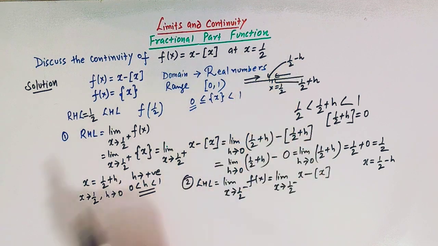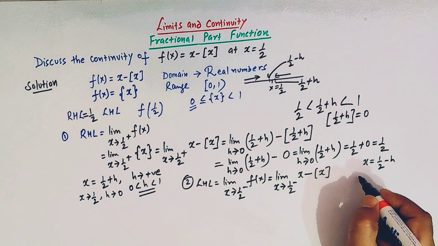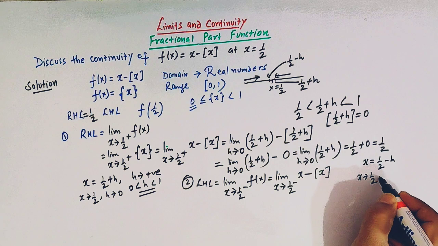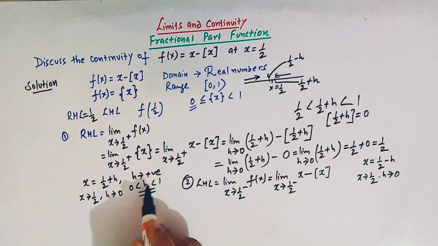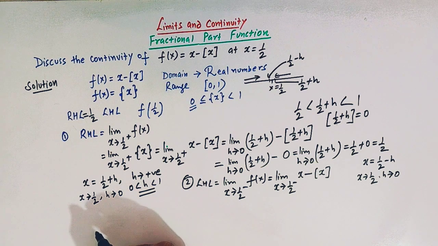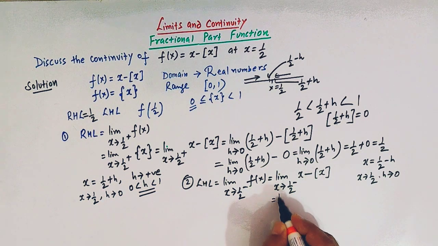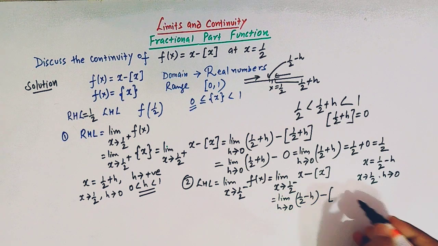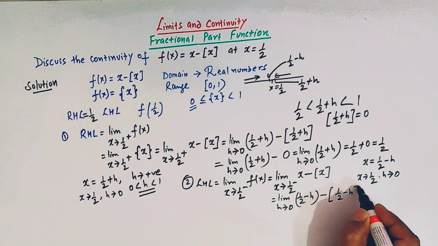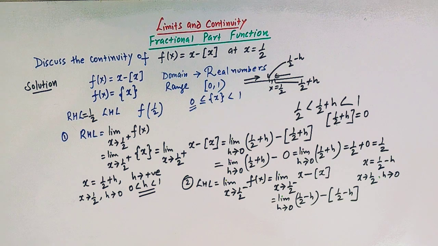When x tends to half, obviously h tends to 0, and h is a positive quantity which lies between 0 and 1. So now we have the limit as h tends to 0 of half minus h minus the greatest integer of half minus h.